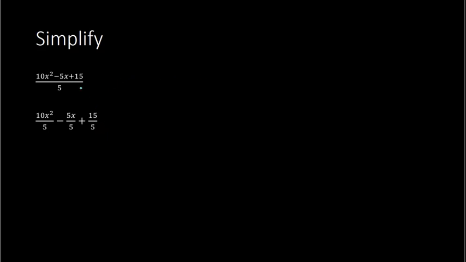So I broke it up into 3 separate fractions, and from here I can do the same thing that I just did. For the first term, 10 divided by 5 gives me 2. Second term, 5 divided by 5 gives me 1. Third term, 15 divided by 5 gives me 3. So I have 2x squared minus 1x plus 3.